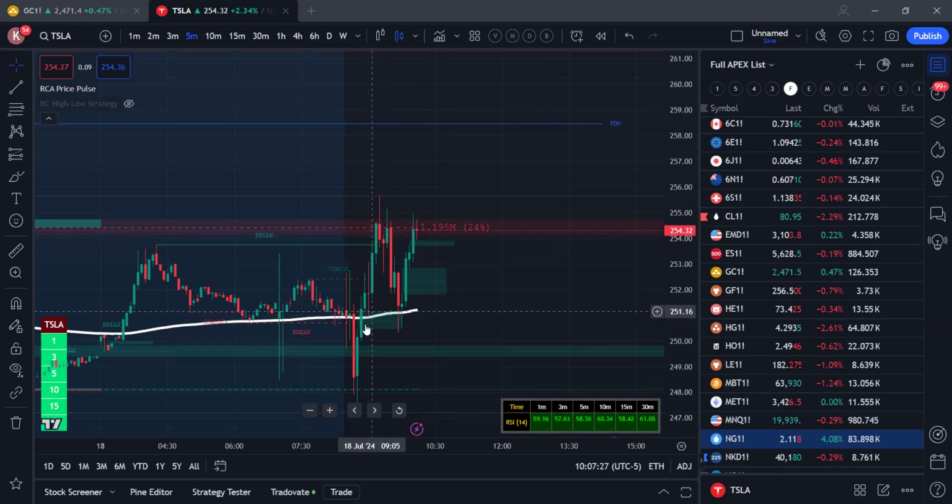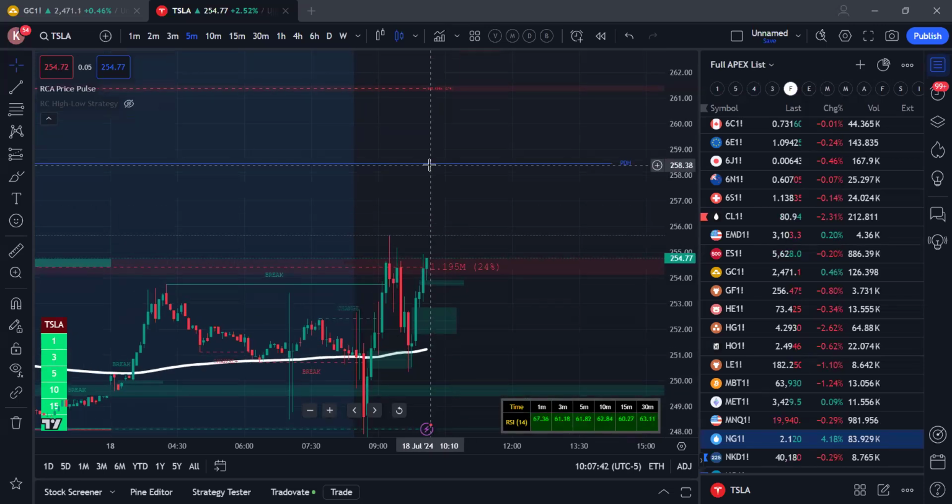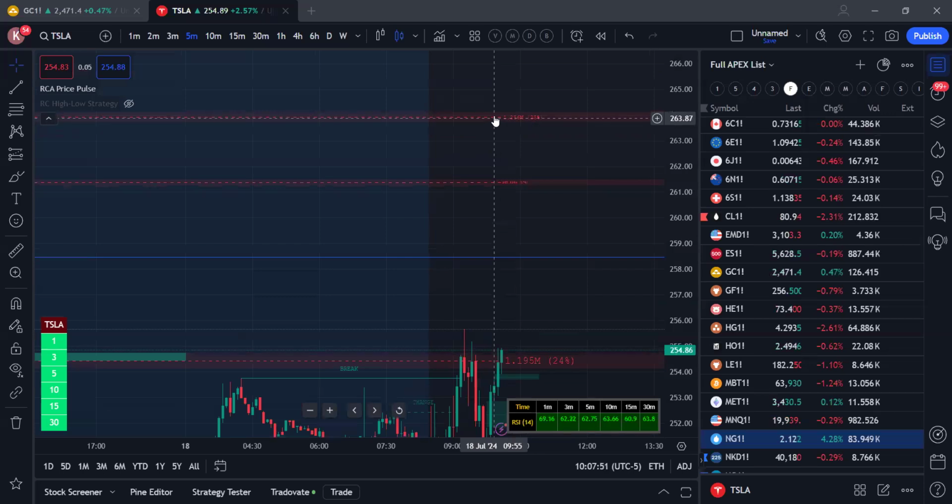There is a strong support, there is a fair value gap, there is a fair value gap, there is a fair value gap. Everything is green here, everything is green here. So there is a high possibility for buyers to break the resistance, and then Tesla can go minimum 258 is your first level, then 261 is your second level, 264 is your level 3, right? That is target 1, target 2, target 3.